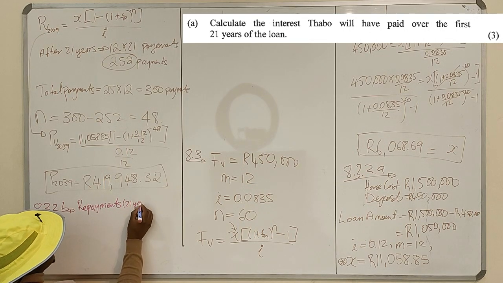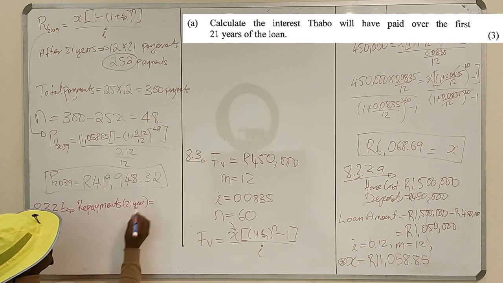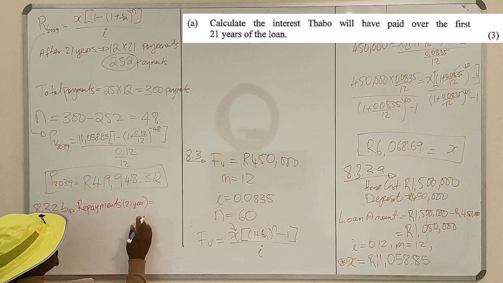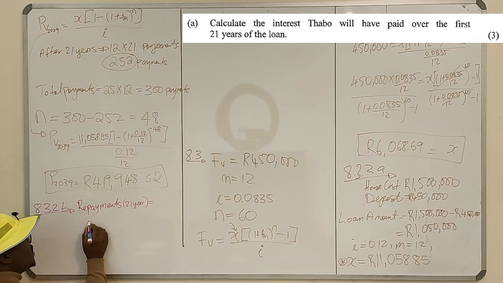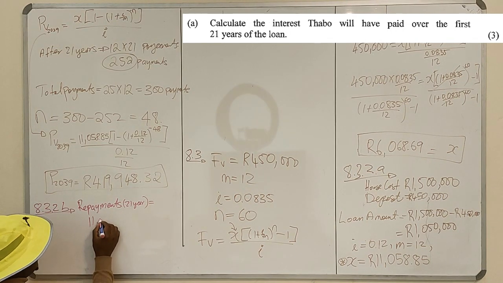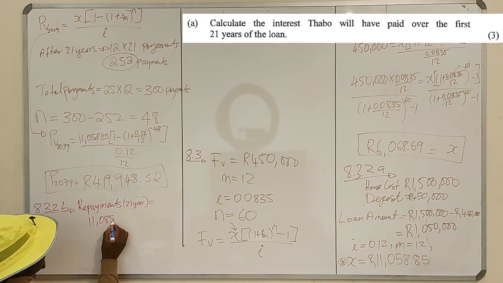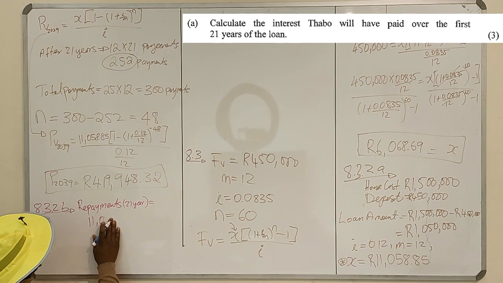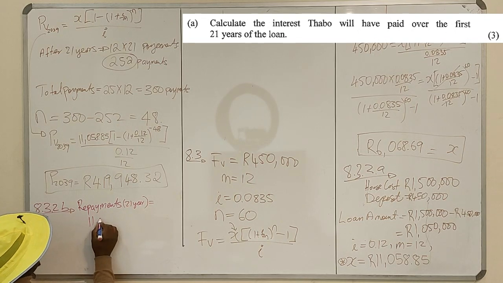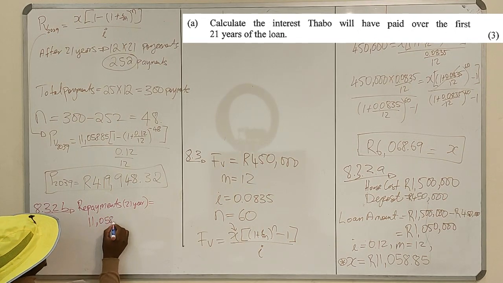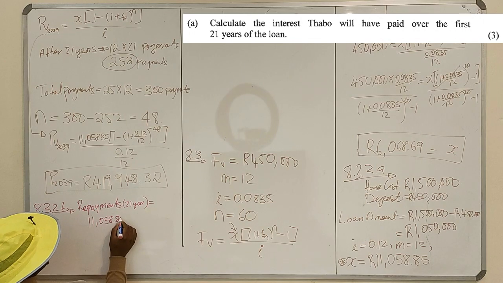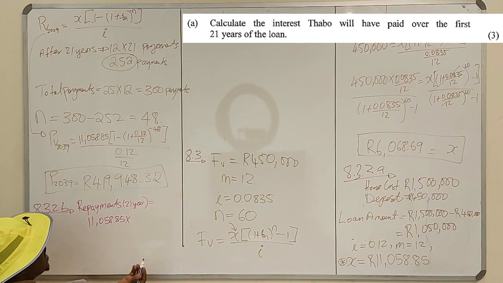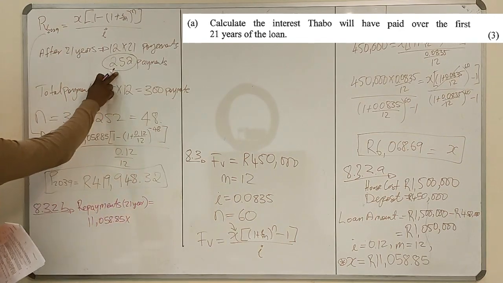21 years, right? So Thabo was paying 11,058 rands 85 cents. How many times? For 21 years, how many payments were those?